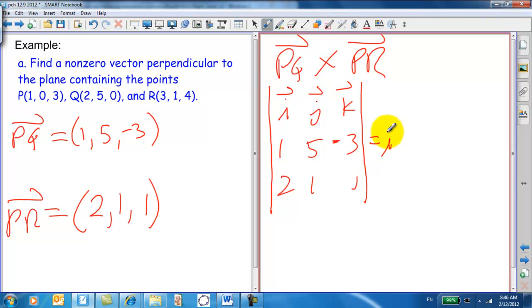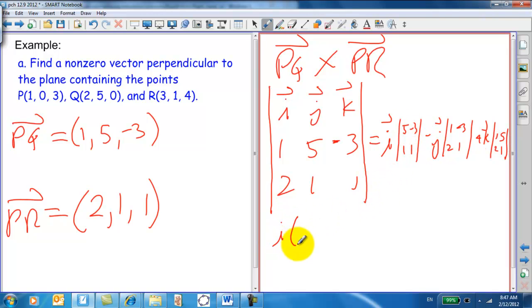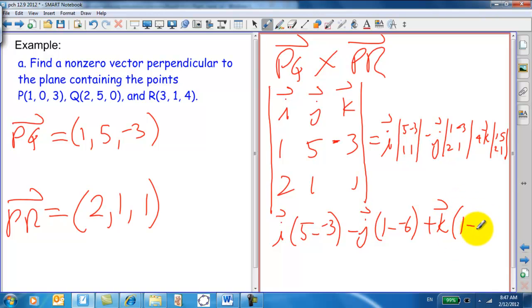So we get i times the minor of i, which is 5, negative 3, 1, 1, minus j times the minor of j, which is 1, negative 3, 2, 1, plus k times the minor of k, which is 1, 5, 2, 1. So we get for i, 5 minus a minus 3, minus j times 1 minus a minus 6, plus k times 1 minus 10.